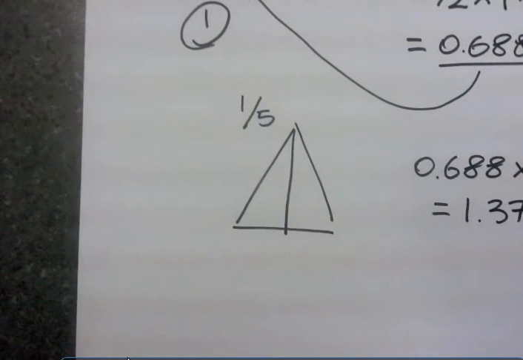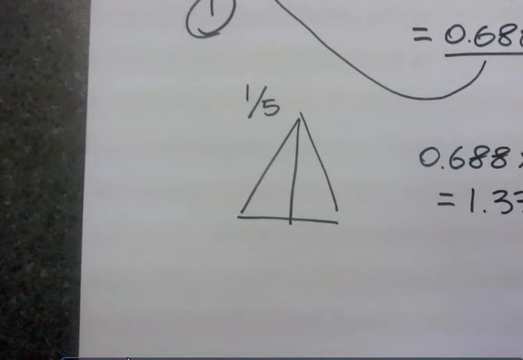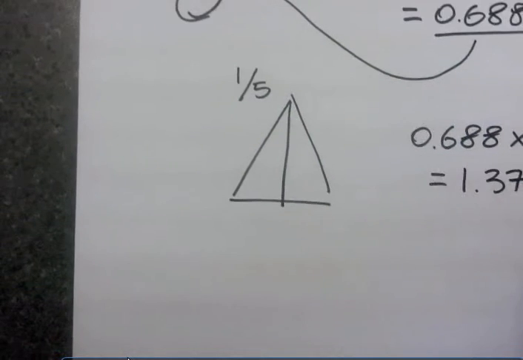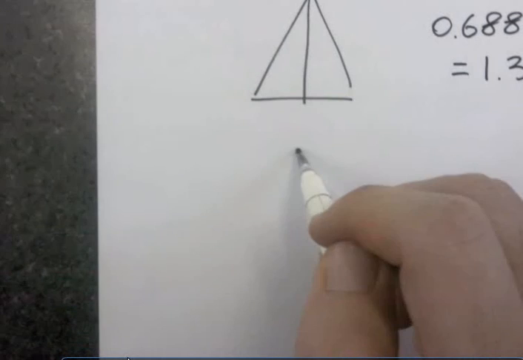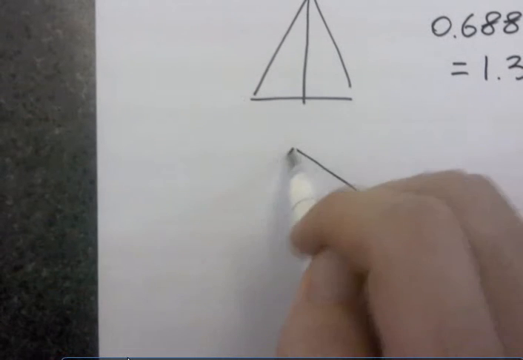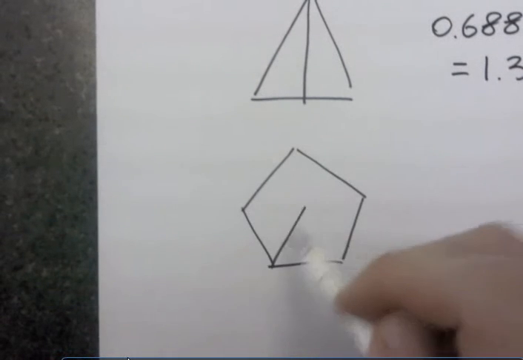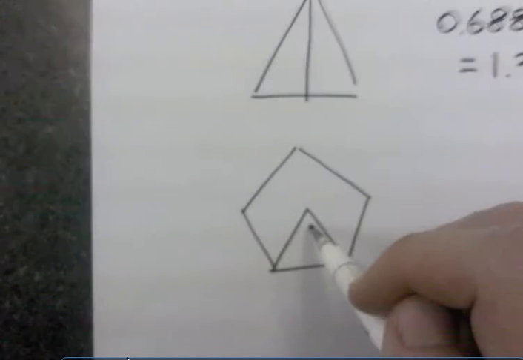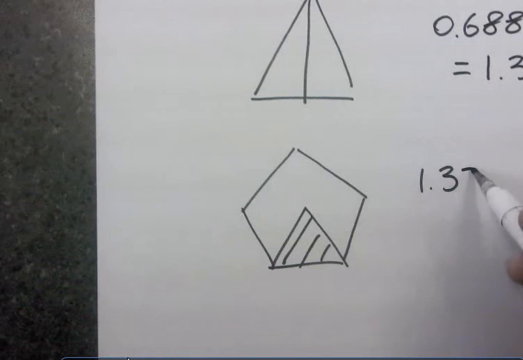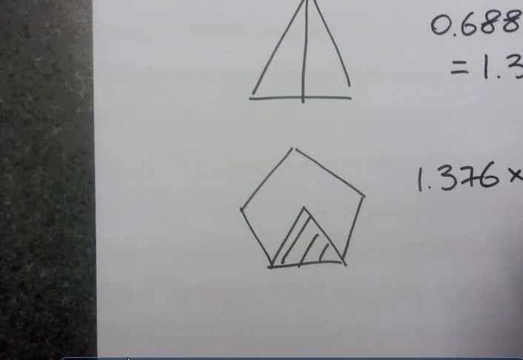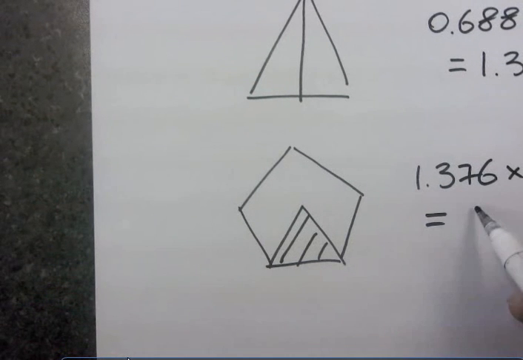Next step would be finding the area of the pentagon, which looks like this, and the shape up there has that area, so it's 1.376 times 5, and that gets you 6.88 centimeters squared. I'll do this on a calculator.